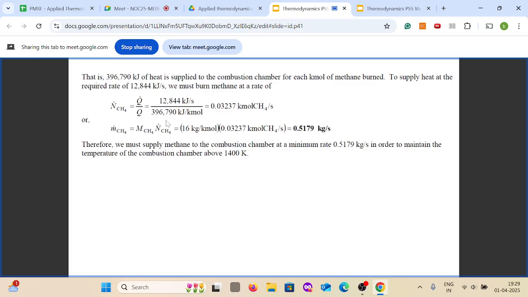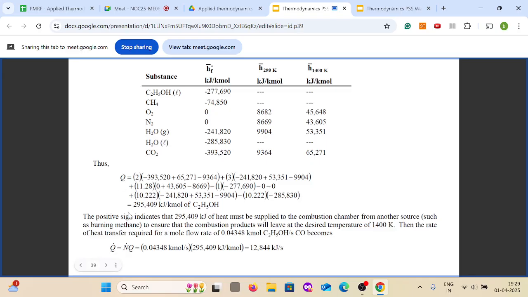If you see here, Q is a positive quantity, so this heat has to be supplied. Usually we see that Q will be negative, meaning heat has been rejected to the surroundings. Here Q is positive, so this says that you need to supply this much heat for combusting 1 mole of this solution, 11.22 moles of solution.